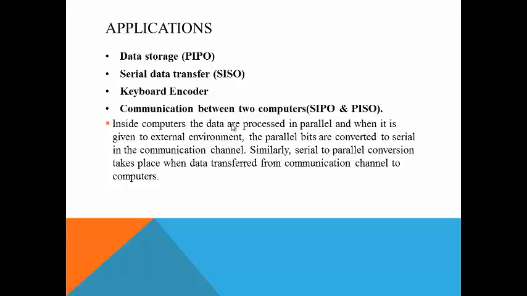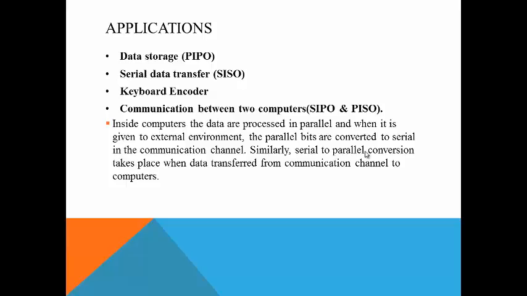Okay, for example, in computers the data is processed in parallel, but its peripherals will take it in serial. You have serial ports also. So the serial ports will take data and give data in a serial fashion. So when input comes from a serial port, you should have a serial in, parallel out shift register.